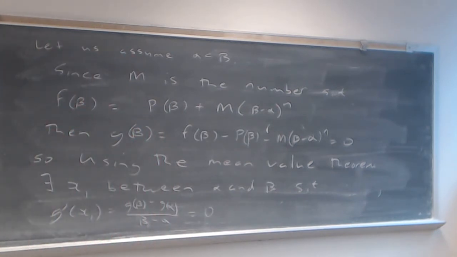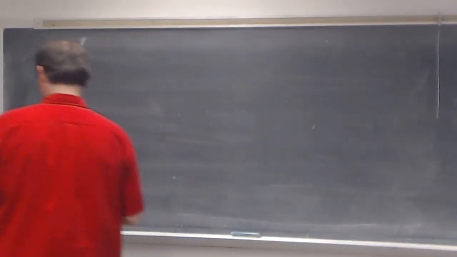So we were looking at the interval between alpha and beta, and now we can look at the interval between alpha and x sub 1. So look at that interval and then apply the mean value theorem to g prime.